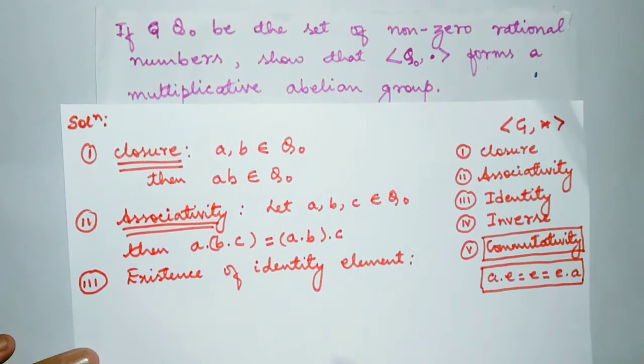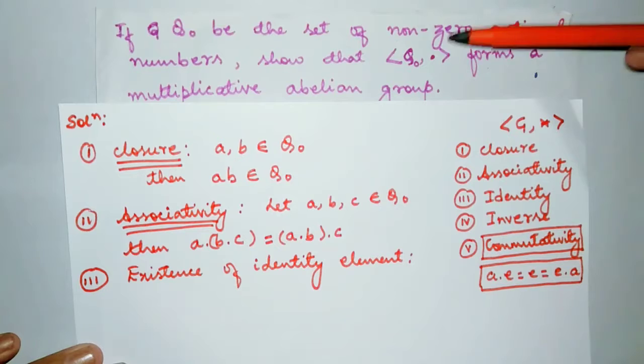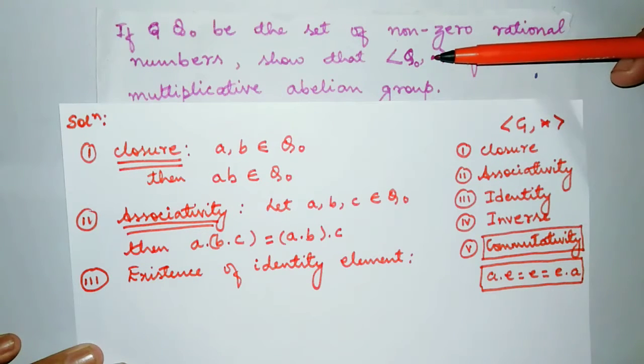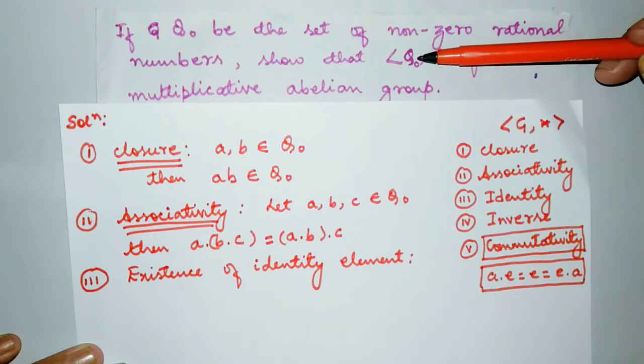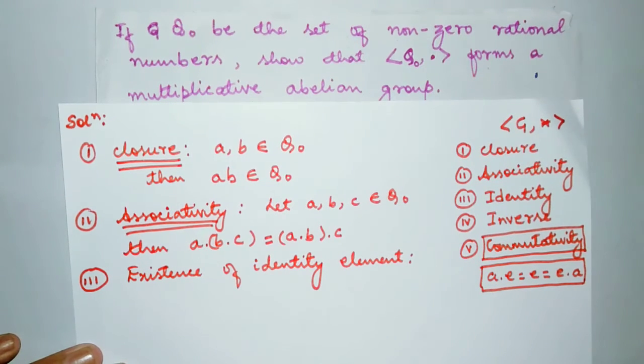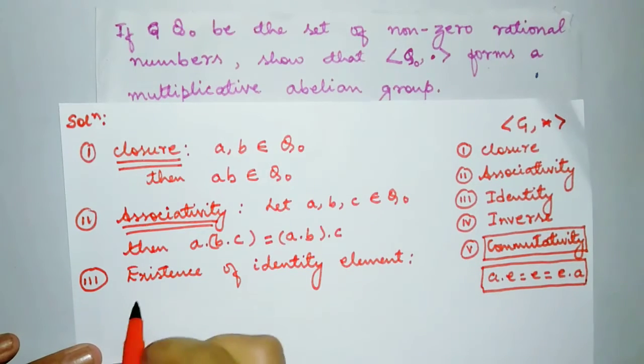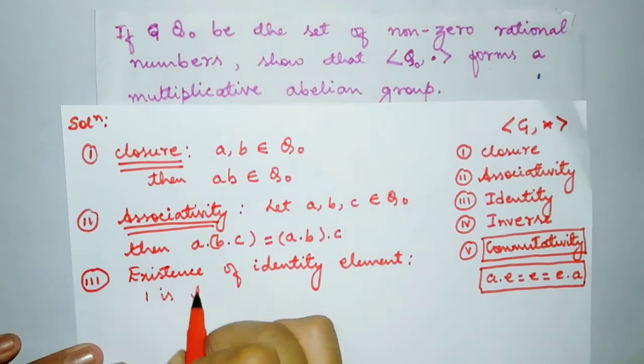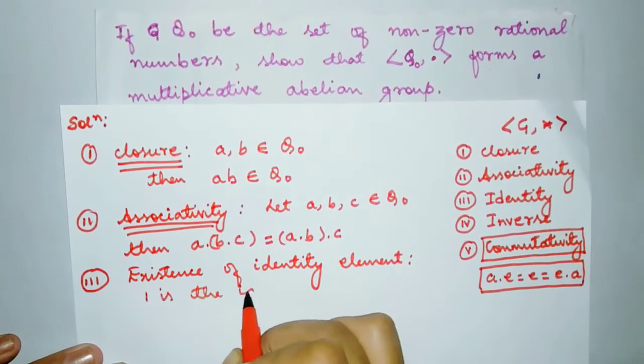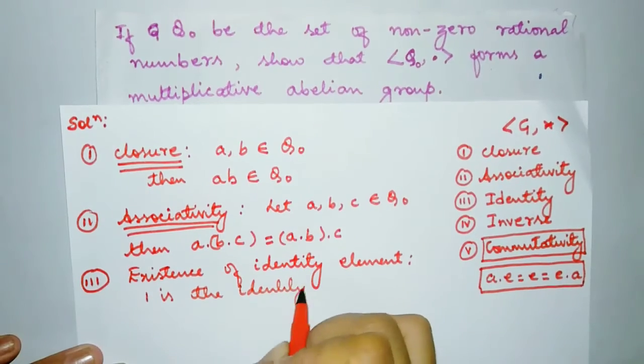Okay. By looking at this, since we have a multiplication and we have the set of non-zero rational numbers, then clearly one is the identity element. Why?